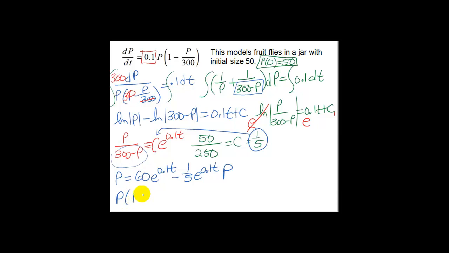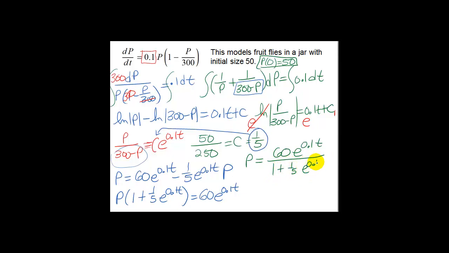So that'd leave 1 plus 1/5 e to the 0.1 t on this side, and that equals 60 e to the 0.1 t. We're trying to solve this for p, so we can now divide by this, and we will have p equal 60 e to the 0.1 t over 1 plus 1/5 e to the 0.1 t.